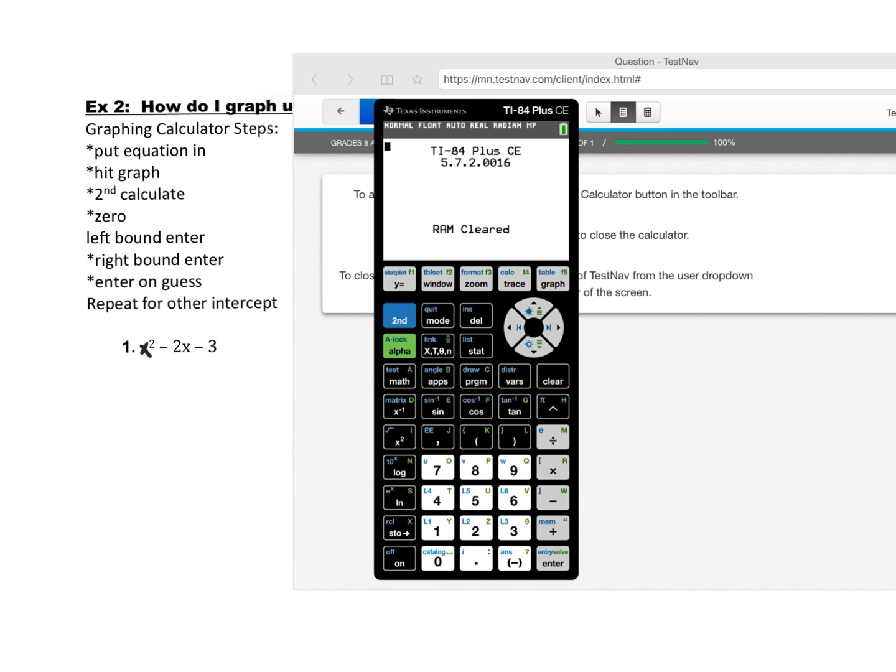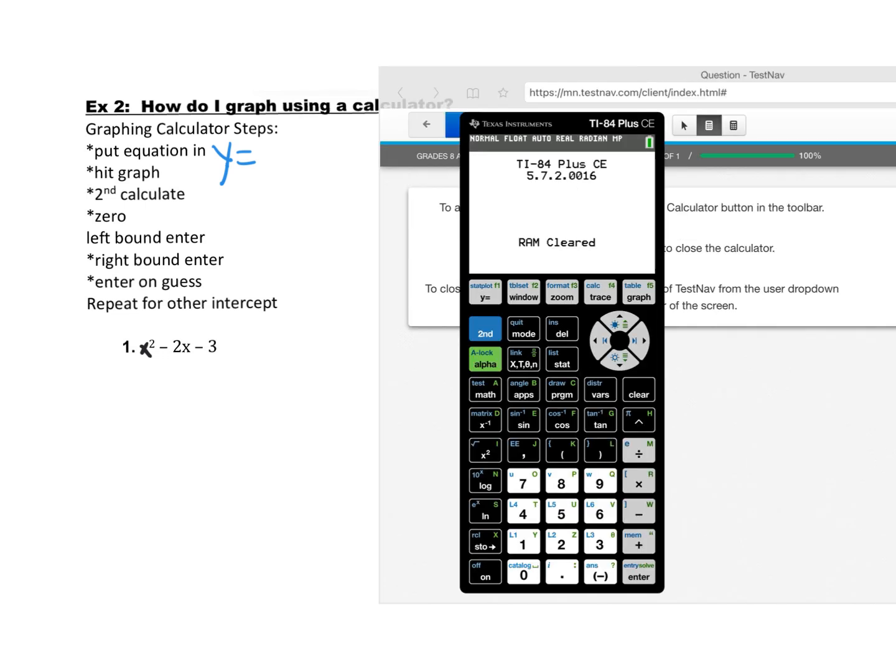You need to say y is equal to, so you're pressing this button right up here, the y equals, and then we're going to enter in our equation. Our equation is x squared minus 2x minus 3.